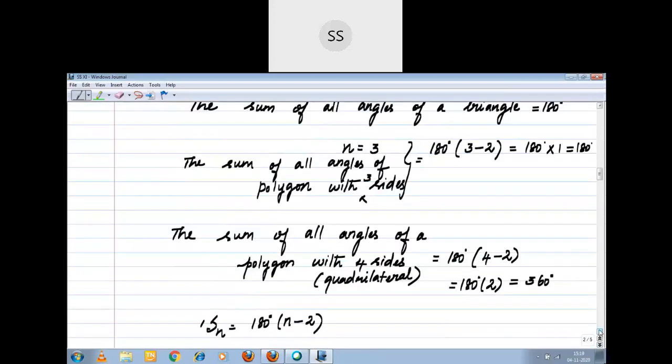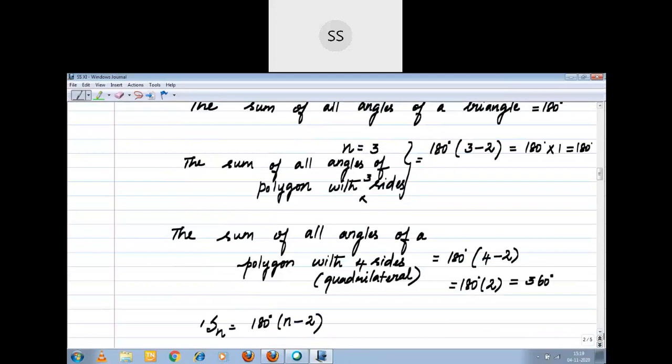Quadrilateral means only a 4-sided figure. Sum of all angles of a polygon with 4 sides, that is quadrilateral, equal to 360 degree, that we got. Under quadrilateral, what are the things it comes under? Square, rectangle, parallelogram, rhombus, kite, right?